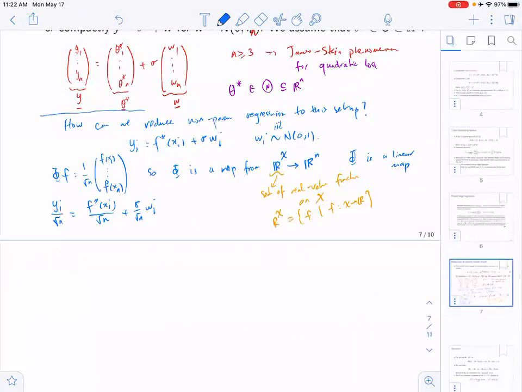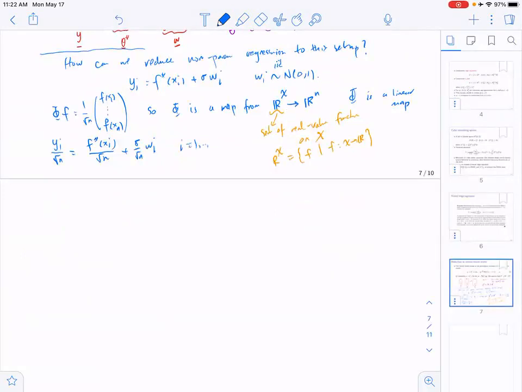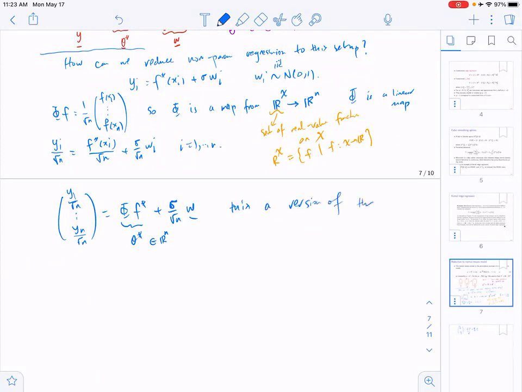If I collect them into a vector, you can see that this would be phi of f star plus sigma over root n times w. So we're reduced to, if I call this data star, this is in R^n, a version of the normal means model.